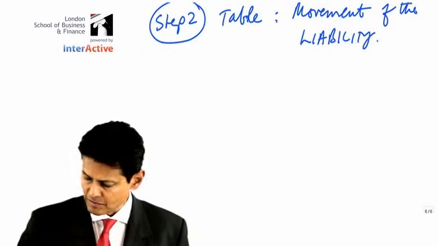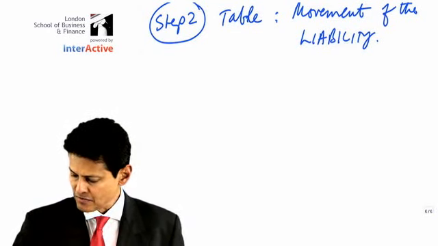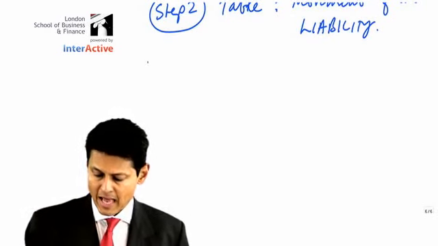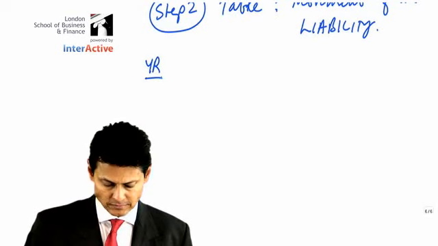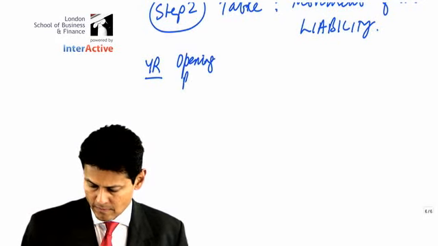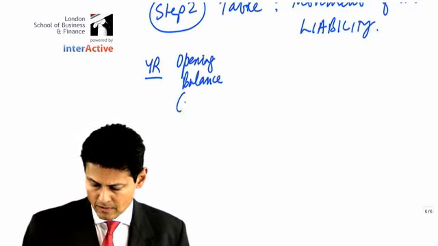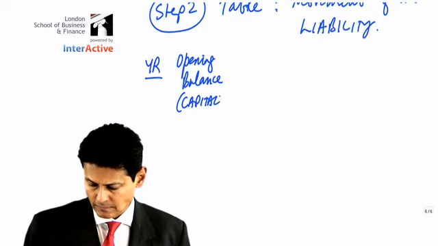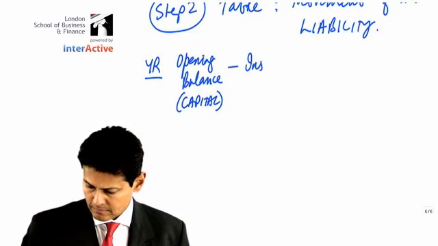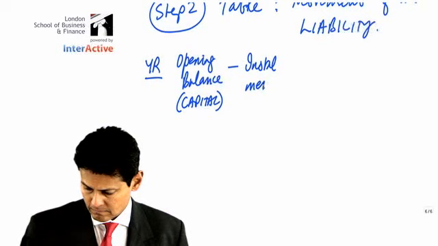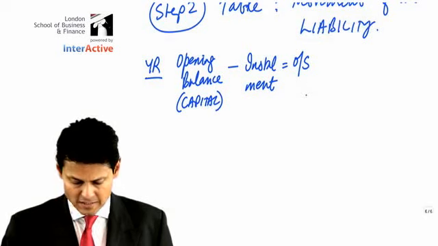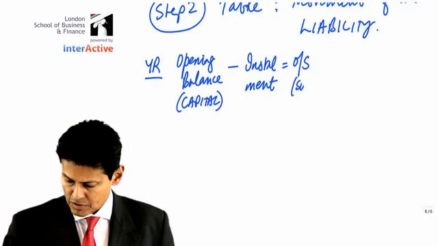Give yourself plenty of room by working as far to the left and the right as you can. We have the year. We have the opening balance, which is obviously capital. No interest in there. Minus installment, and that gives us the outstanding or subtotal.